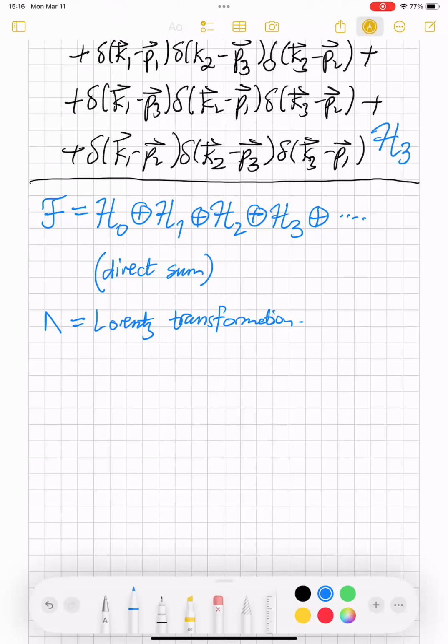If we were working inside the three-particle Hilbert space, and we have three particles sitting there, you and I will not agree on what the momenta of those three particles are, but we will agree that there's three of them. And if we perform a boost, we will agree that the momenta of those particles changed and that there are still just three of them. Okay? So the first thing that we can say is Lorentz transformations leave us inside the n-particle Hilbert space.